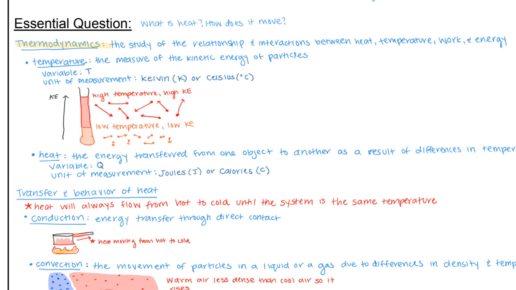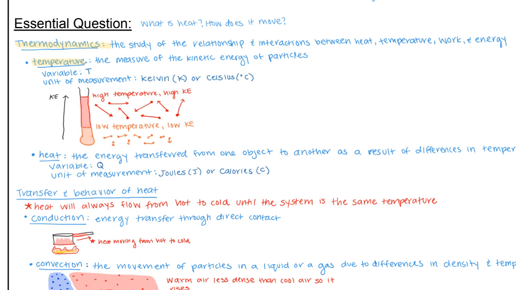There are a couple terms that we must define before we begin our discussion on thermodynamics. The first term is temperature. Now I know what y'all are thinking: I already know what temperature means. But what I want to give you is the physics definition of temperature. We're very familiar with the word temperature describing how hot or cold something is.